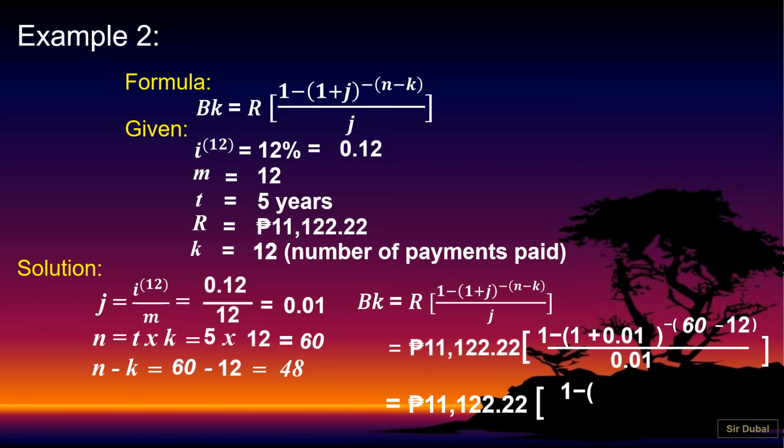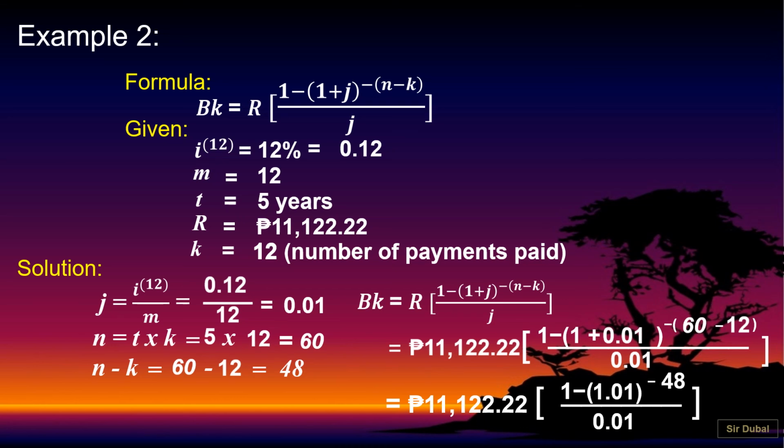We copy 1 minus the quantity of 1 plus 0.01, which is 1.01, to the power of negative, then 60 minus 12 is equal to 48, all over 0.01, then close bracket. Solving this, we first solve what is in the parentheses: 1.01 to the power of negative 48.